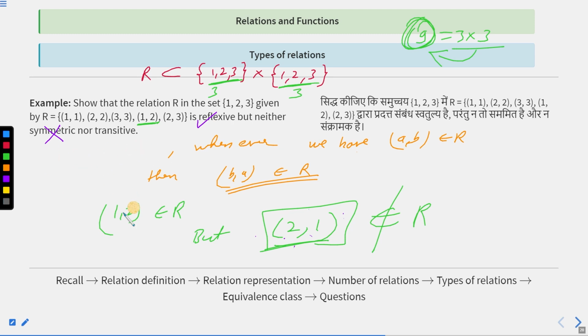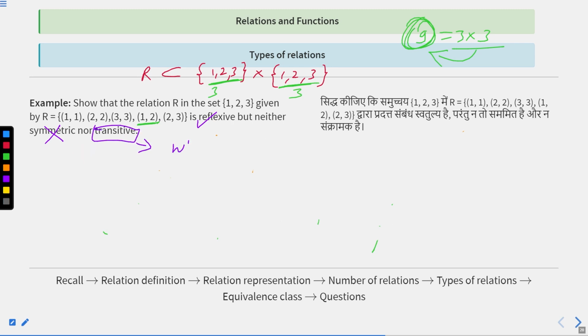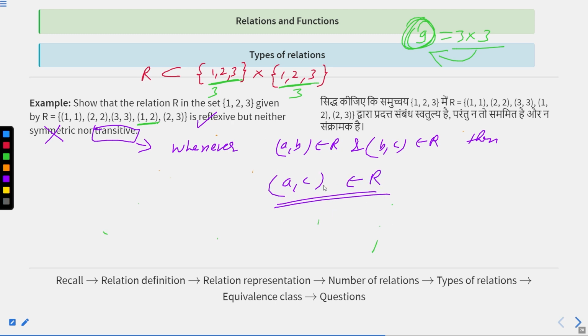Now what about transitivity? Recall the definition, a very simple one. For transitive, whenever (A, B) belongs to the relation R and (B, C) belongs to the relation R, then (A, C) must also be present in the relation R. If this is happening, then we can say that my relation is transitive.